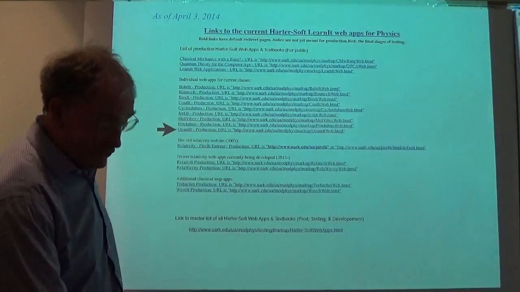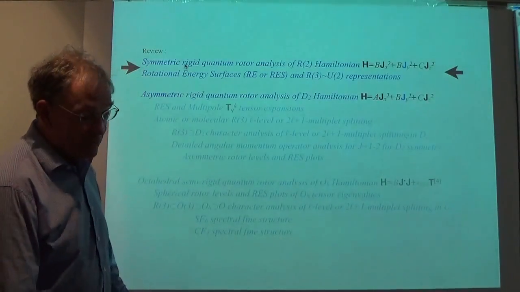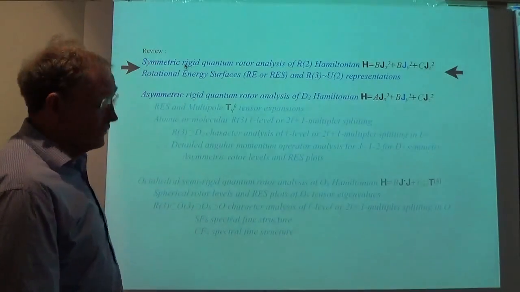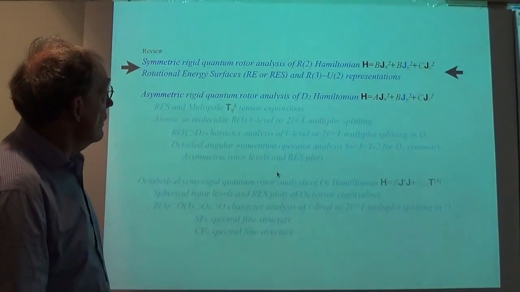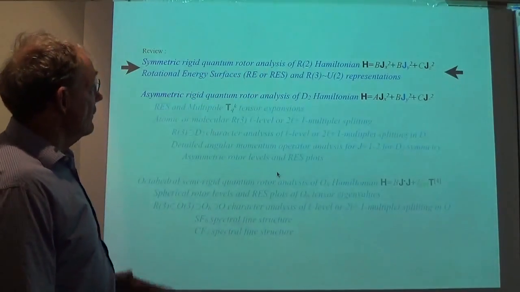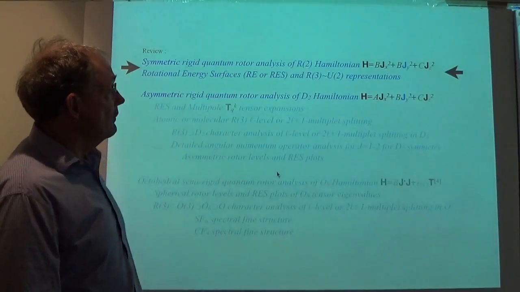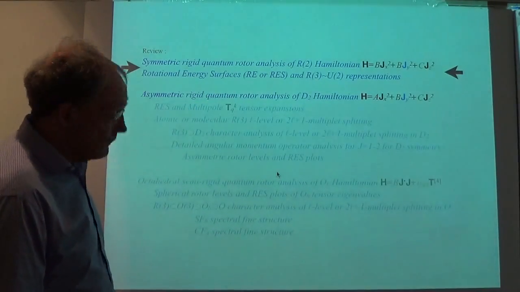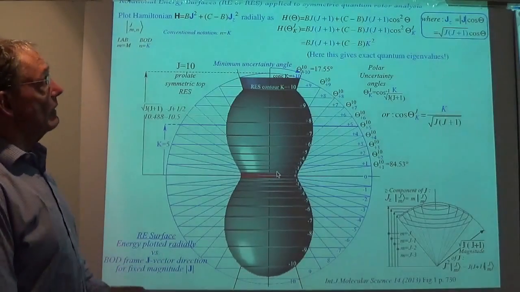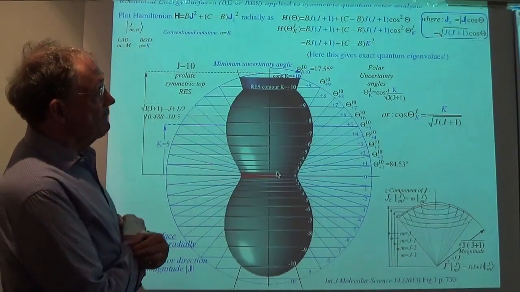Once again, a listing of applications that work for this. So let's take a look again at a symmetric rotor Hamiltonian, and the way we look at it using the rotational energy surfaces. And the symmetric happens to be an exact geometry for the quantum mechanical eigenvalues.